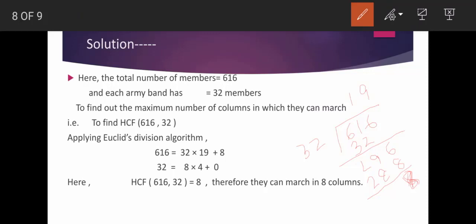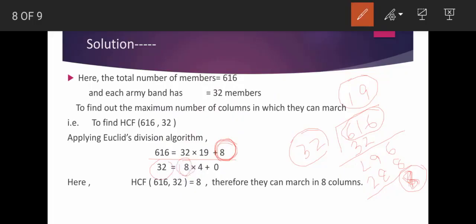So here we can arrange these terms as dividend equals divisor into quotient plus remainder. That is what is written here: 616 equals 32 into 19 plus 8. Here we get a non-zero remainder. That is why 32 will be taking the place of the dividend, and this non-zero remainder 8 will be taking the place of divisor.